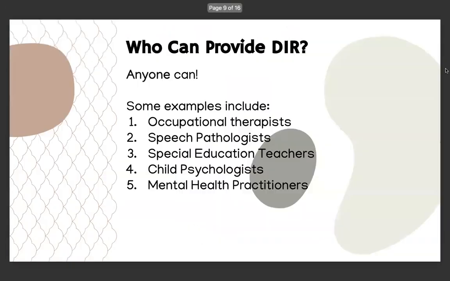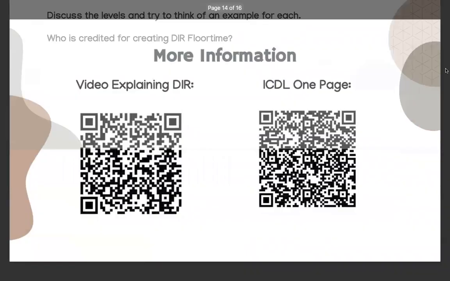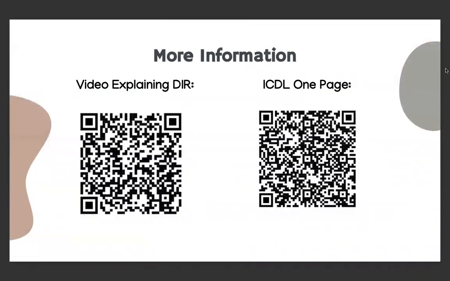So I'm going to flip back to some more information on DIR Floortime. On the left, there's a QR code for a video with Stanley Greenspan explaining DIR Floortime. This is, I believe, around 6 minutes, and it's a really informative video just on him discussing it.